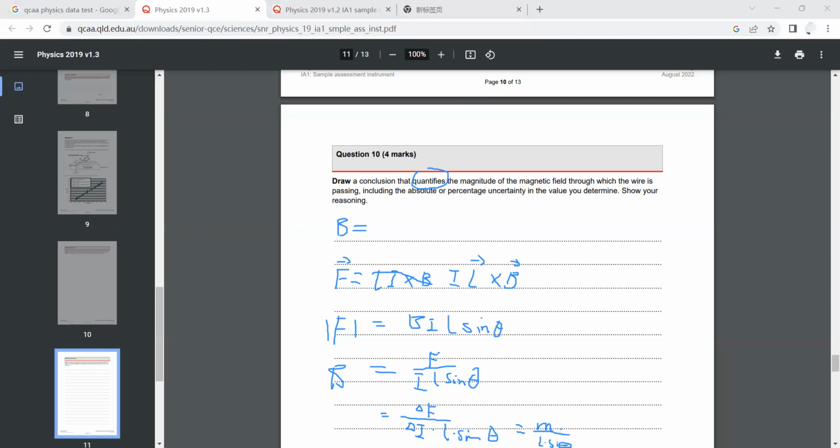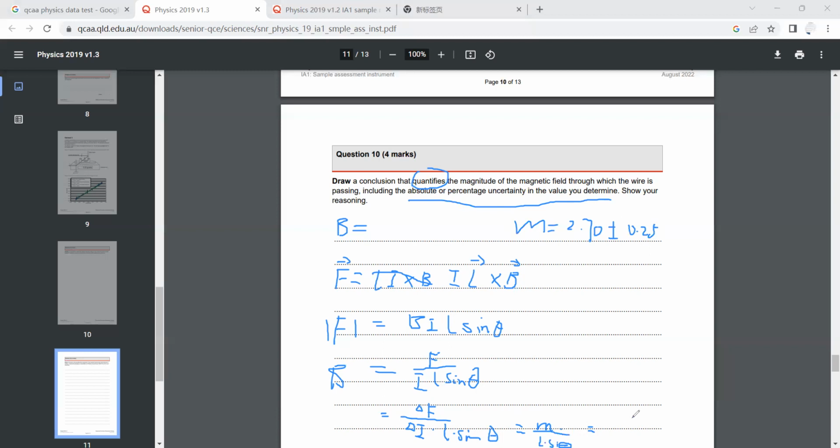And we have found the M, including the uncertainty, which is 2.70 plus minus 0.25. Remember the M that we found earlier.